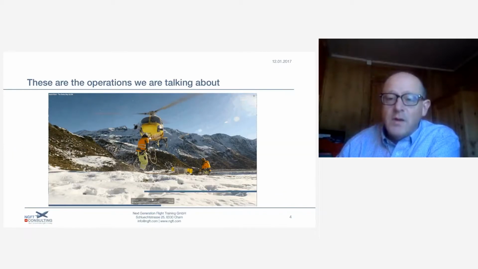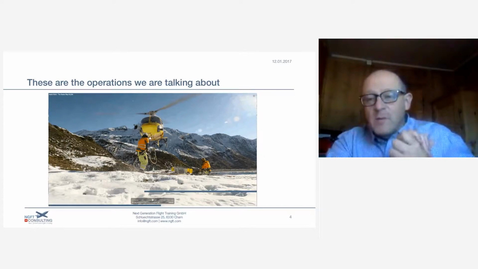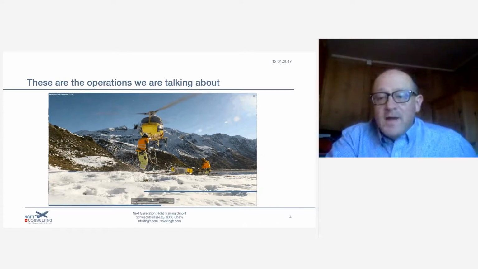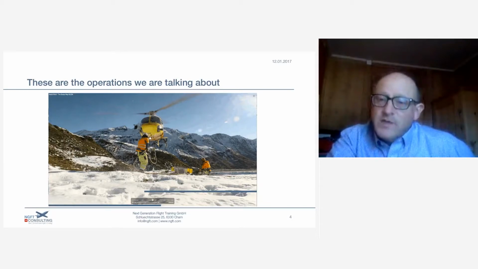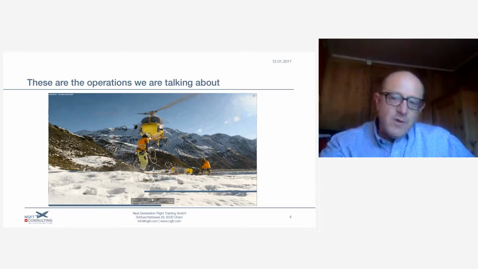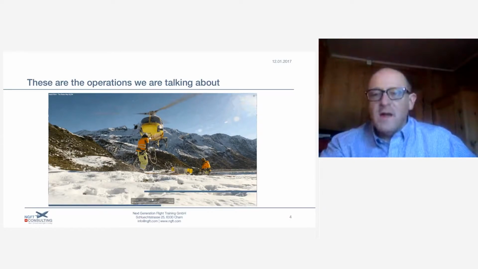What are we talking about? Well, basically, it's these types of operations. It's aerial work operations with helicopters or airplanes that are in close proximity of the ground, are in an exposed environment, or have any kind of special exposures associated with them.